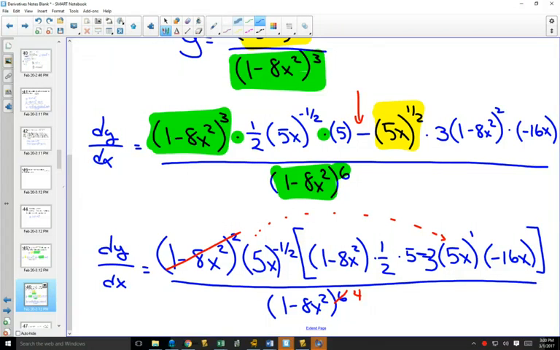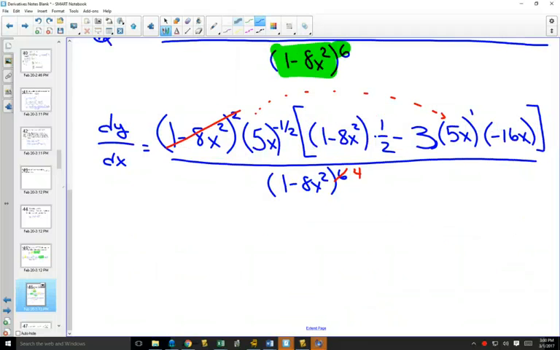I just want the 3 in front. There we go. Thank you for noticing that. So this will cancel out with that. Okay? It may be that your final answer in the back of your book will look as follows.